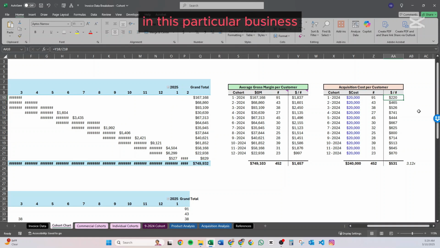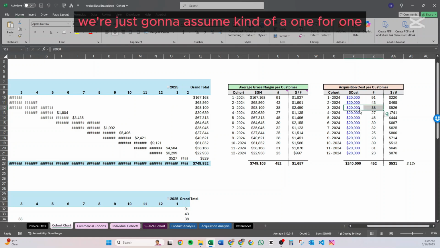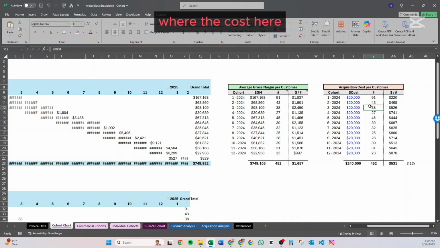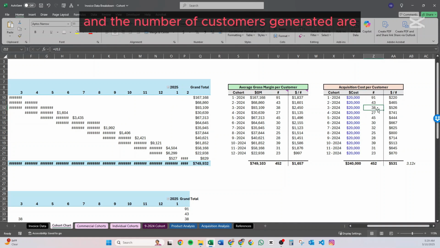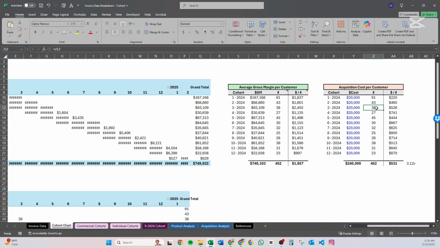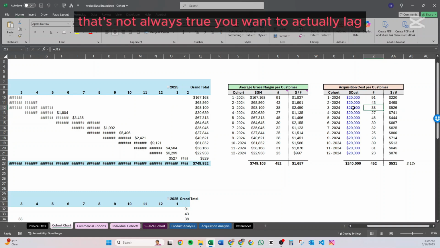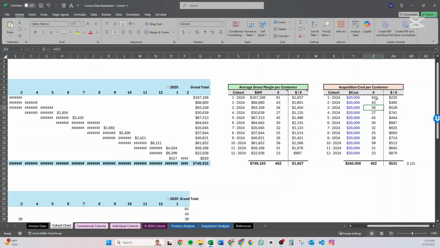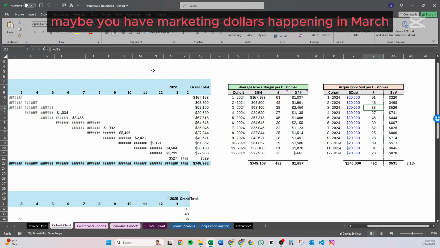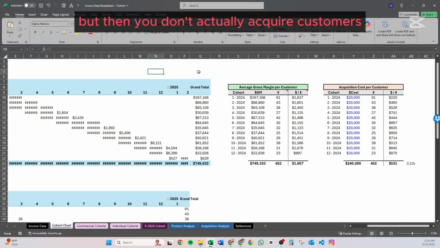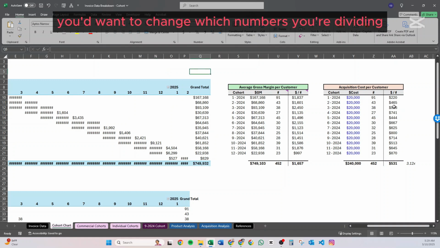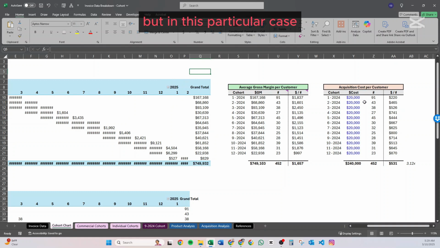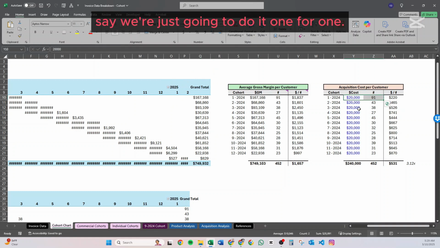In this particular business, we're just going to assume a 1-for-1 where the cost here and the number of customers generated line up. If you have a long sales cycle, that's not always true. You want to actually lag. Maybe you have marketing dollars happening in March, but then you don't actually acquire customers for 3 months from then. You'd want to change which numbers you're dividing. But in this particular case, for simplicity's sake, we're just going to do a 1-for-1.